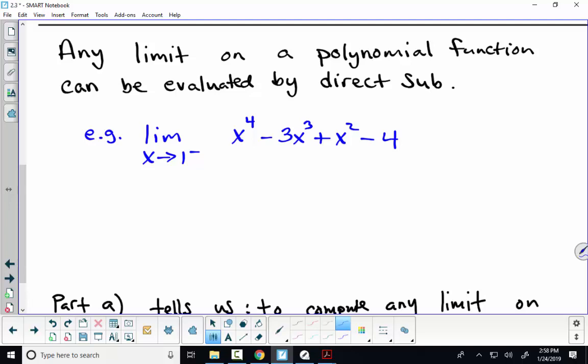That's where the recognition of functions comes in handy. I recognize that as a polynomial. So I'm just going to plug 1 directly into that for x to evaluate that limit. And take that, plug it in here.